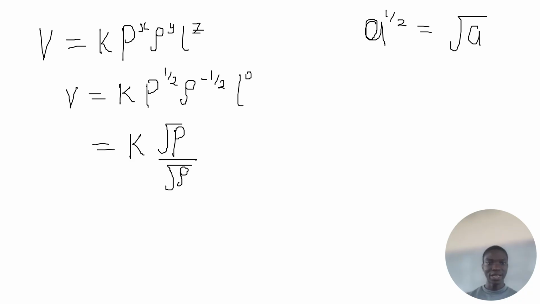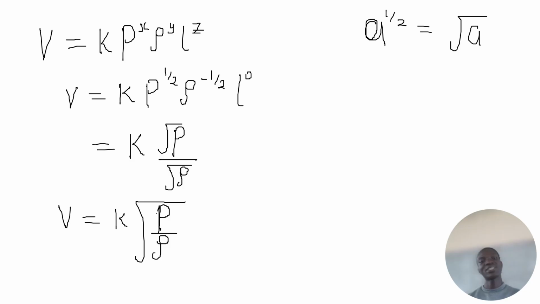So we can now say that v will be equal to k, then square root of the stress, okay, over density. So this is now the equation that we are asked to find.